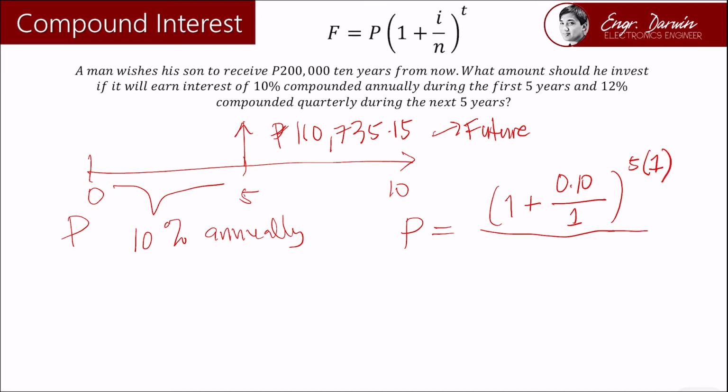Since this is annual, your future amount is 110,735.15. So by using our calculator, to encode nyo lang ito to get our principal amount 10 years prior to 200,000 receiving.